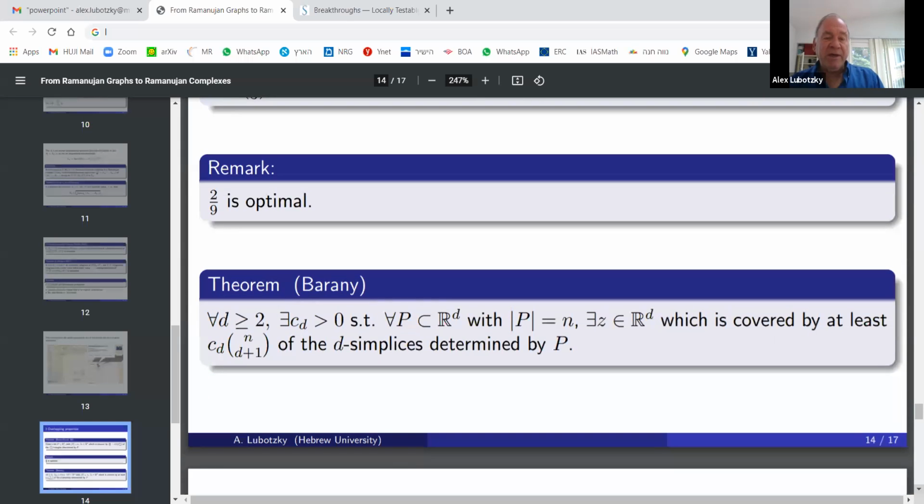Shortly after that, Bárány proved a d-dimensional version of this theorem, namely: fix d greater or equal to 2.